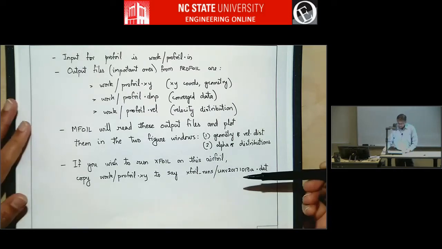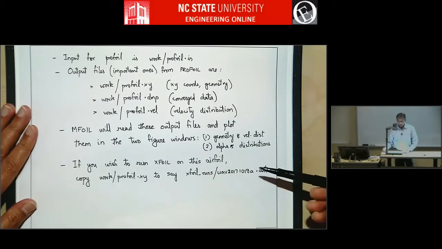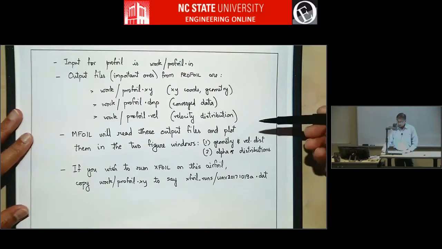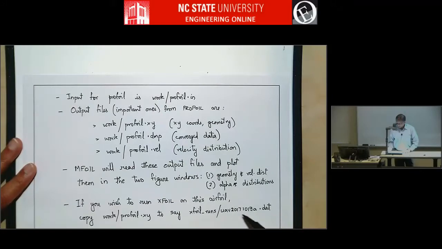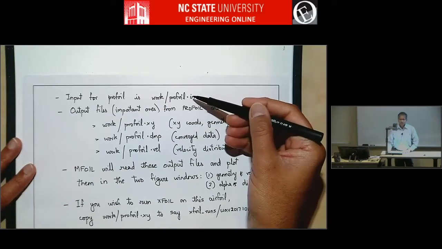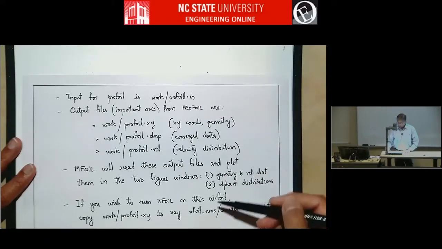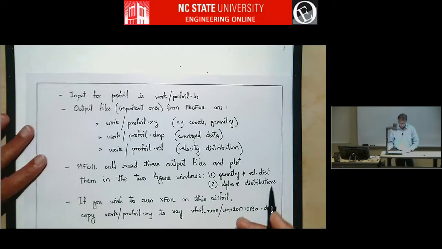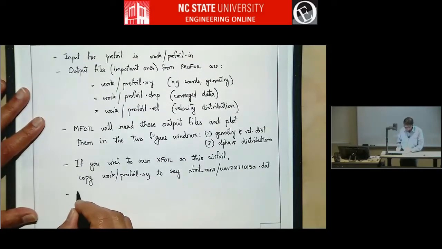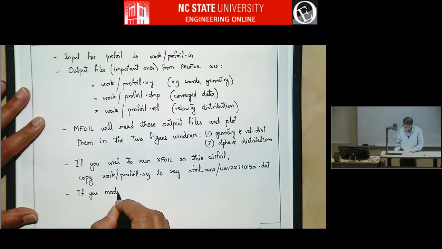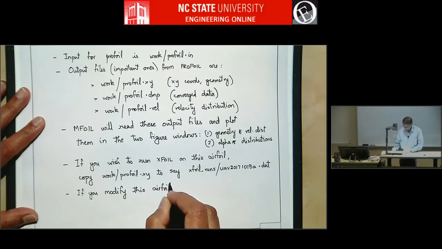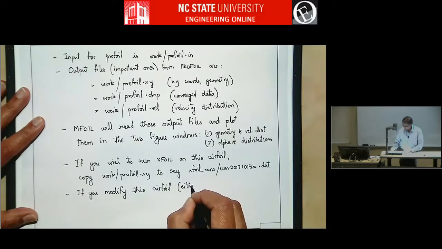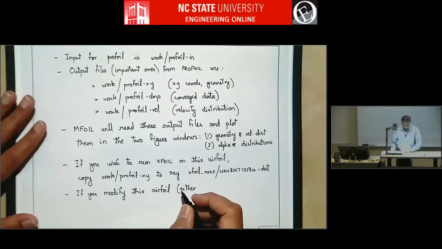So one important thing is, let's say you like this airfoil, or let's say you now go and change some things in the profile input file, right? Let's say you don't like something in the polar and you go change the alpha star here or something. And you run it through Xfoil, you like it, and you want to save that. So if you modify this airfoil, and we'll see this soon, you can modify this in a couple of ways.